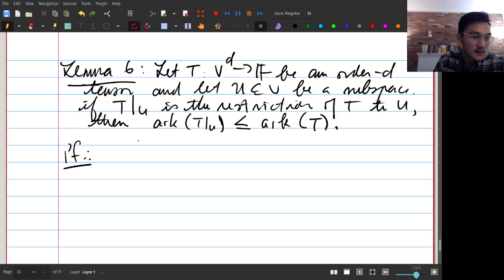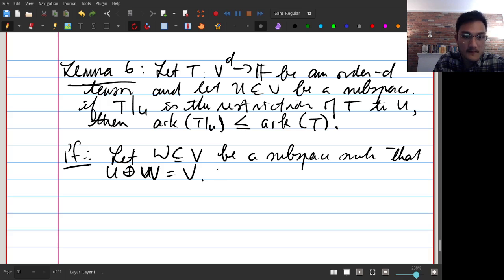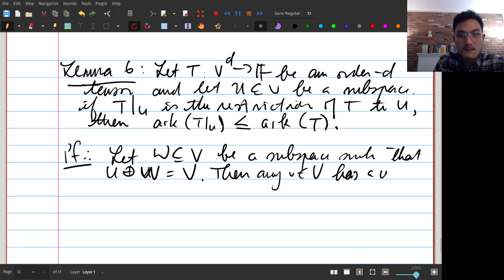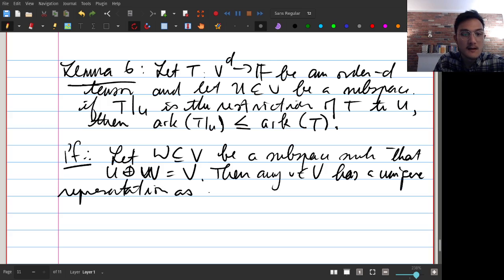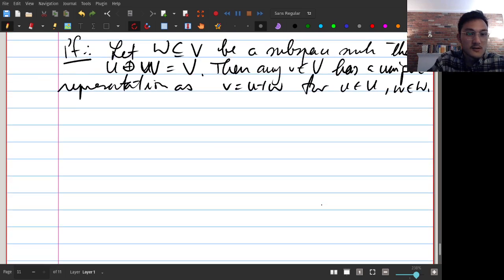So proof. Let W in V be a subspace such that it's the complementary subspace, so U direct sum W is equal to V. And so any V has a unique representation as V equals U plus W for U in U, W in W. And so the bias of T is going to be equal to this expectation.